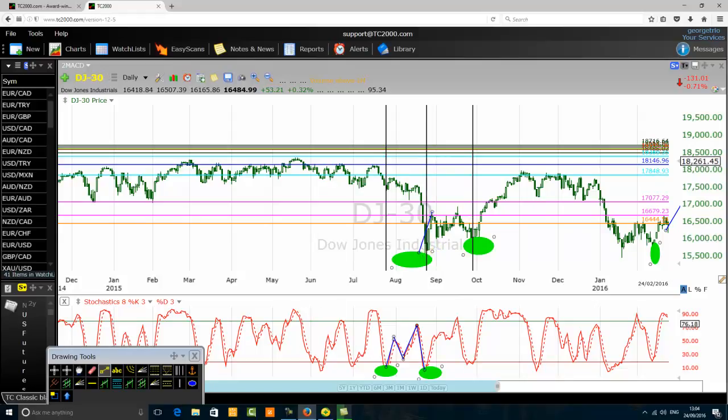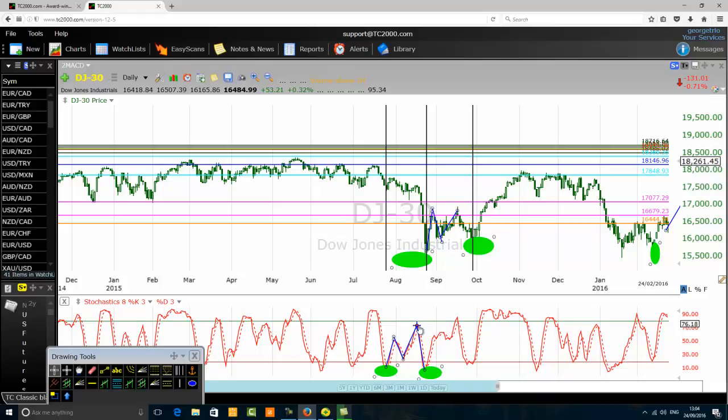You see, it went up after it formed the first low, like the stochastic here, and then it pulls back like the stochastic did here, and then it went up like this. So after the first low, the price also went up 1, 2, 3, like the stochastic.